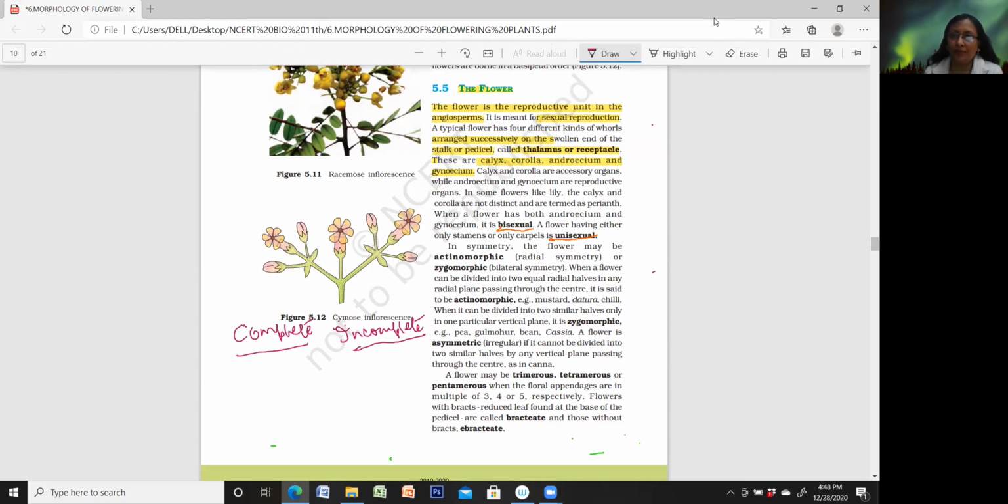Now, what does a complete flower mean? A complete flower means which has all the four floral whorls. What are the four whorls?